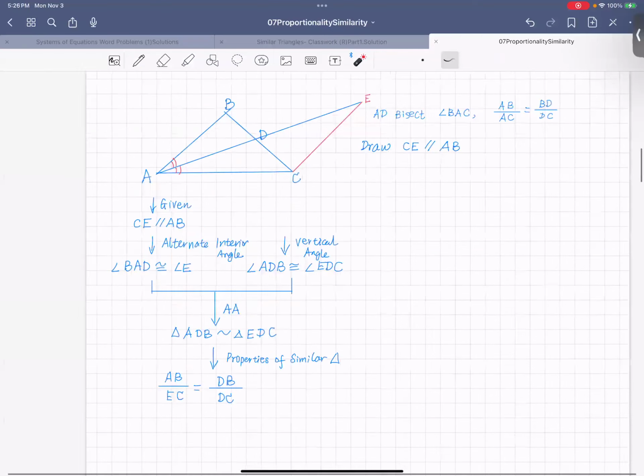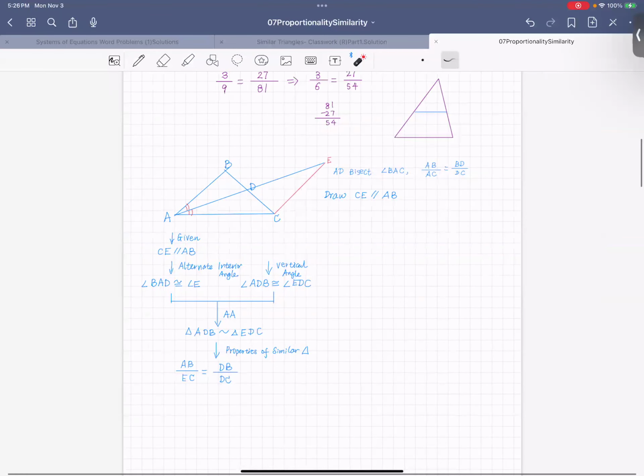Now look. As long as you make these points exactly match, A to E, D to D, B to C, then you just look here. AB, first and third. EC, first and third. DB, second and third. DC, second and third.